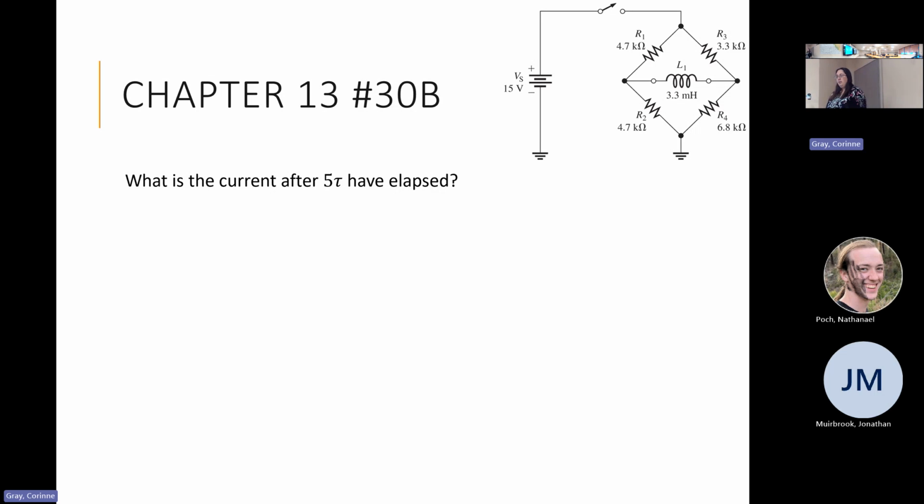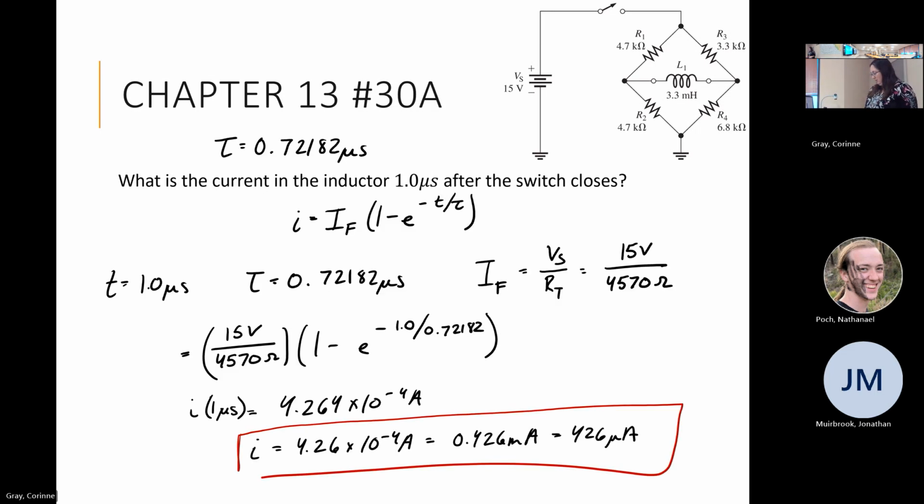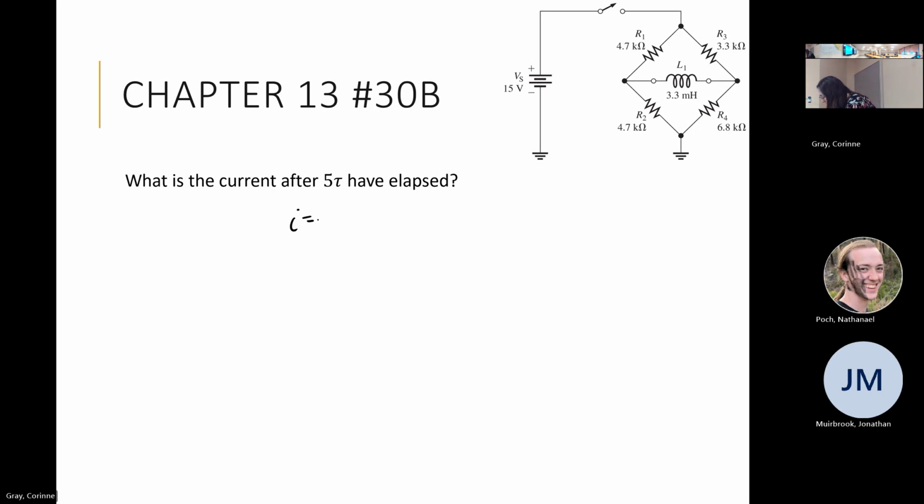Right, we can now find the values. If we think about it, we're still keeping that switch closed, so we can technically use this equation here, where instead of just plugging in our tau value, we'll do 5 tau. We already solved for, actually, hold on. Okay, let's start, sorry.